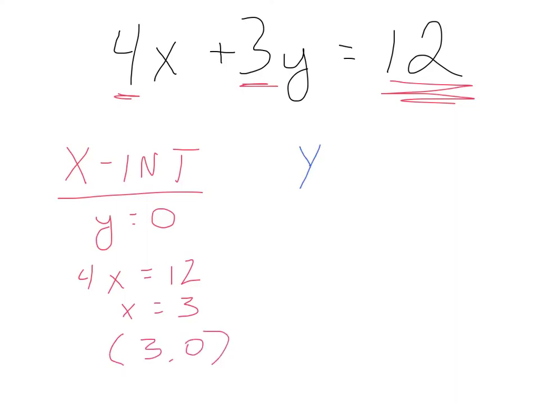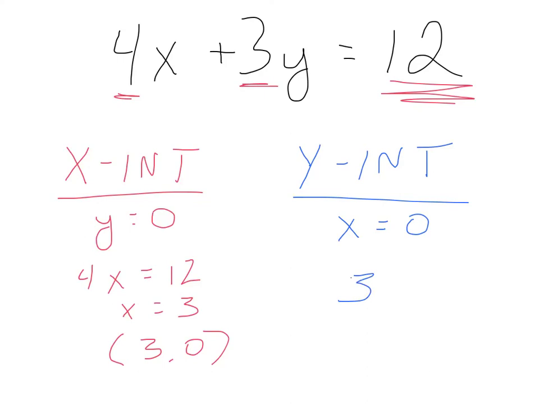Now I'm going to find my y-intercept. For my y-intercept, I'm always going to make x equals 0. And keep in mind, it's no coincidence that we're looking at opposites. So when I find my y-intercept, I make x 0. When I find my x-intercept, I make y 0. So I'm going to make x equals 0. 4 times 0 is 0.